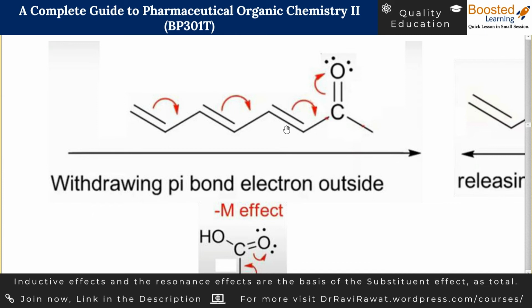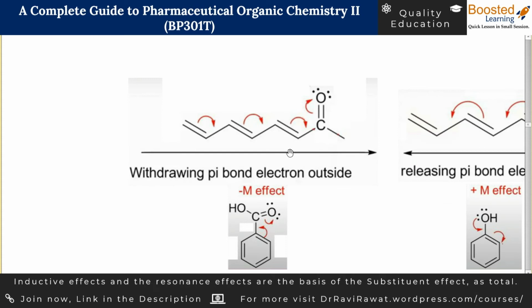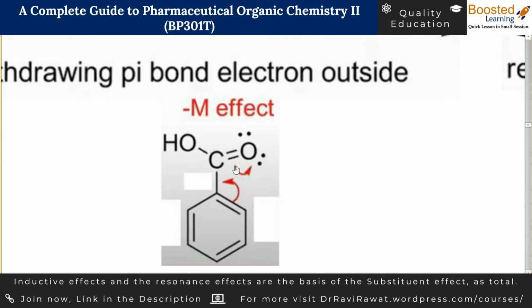So I hope you have understood the key difference between the inductive effect and the resonance effect, that inductive effect works through sigma bond electrons and the resonance effect works through lone pair electrons or the pi electrons. So similarly, if the COOH group is there, it can pull the pi electrons of the benzene through the conjugation and finally onto the electronegative atom, which is oxygen.